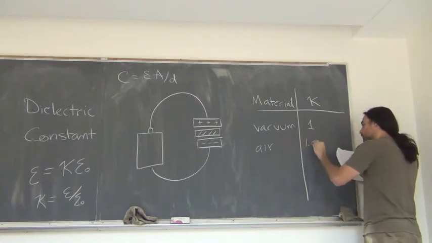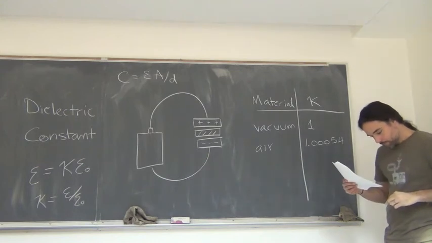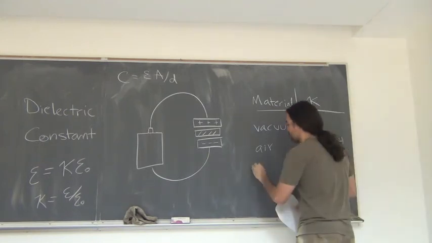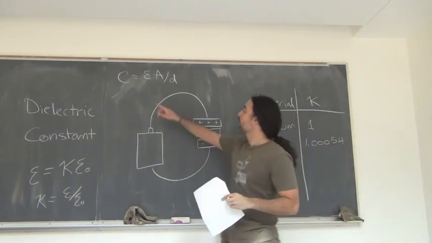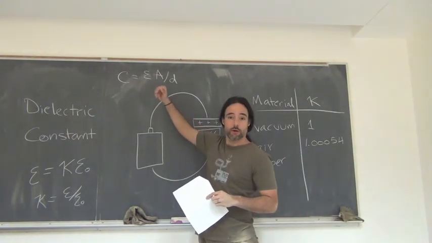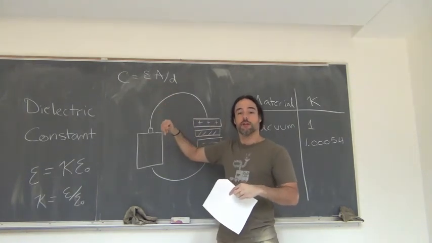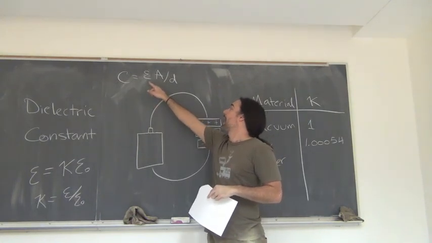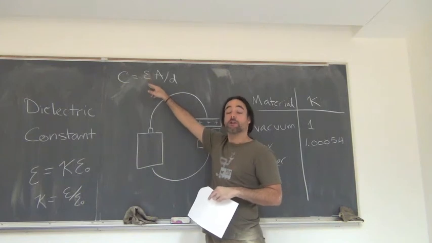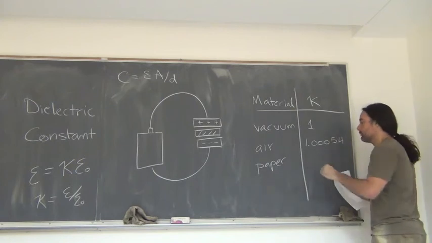So I've got 1.00054. Paper gets a bit higher permittivity. You can see that as I go to thicker and thicker materials, thicker meaning more dielectric constant, not physically thicker necessarily, the dielectric constant is only getting bigger. For paper, it's about 3.0.